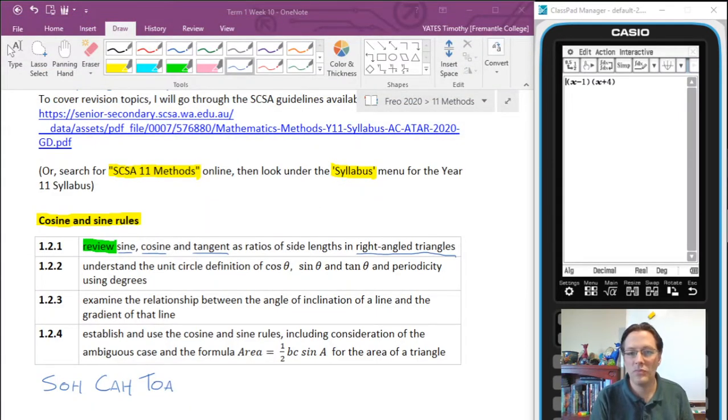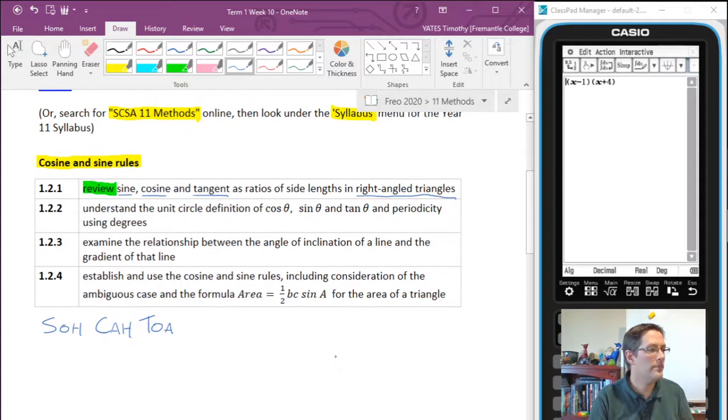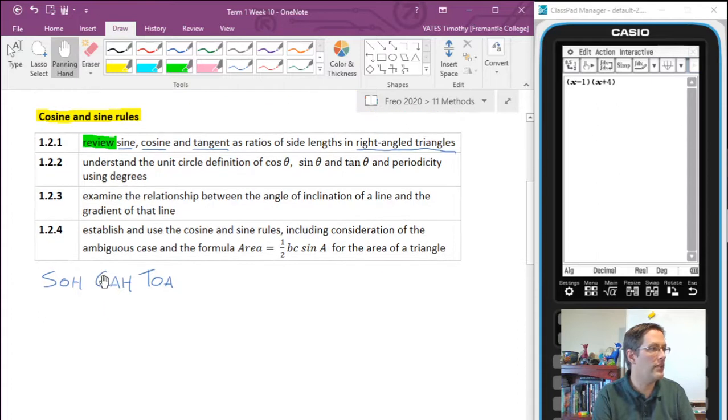Okay, so back to this one. So we've got SOHCAHTOA. Now for SOHCAHTOA, it's pretty straightforward, but I'm just going to write it here anyway. If we've got our typical right-angled triangle, and we need to be able to recognize right-angled triangles in a variety of different ways.